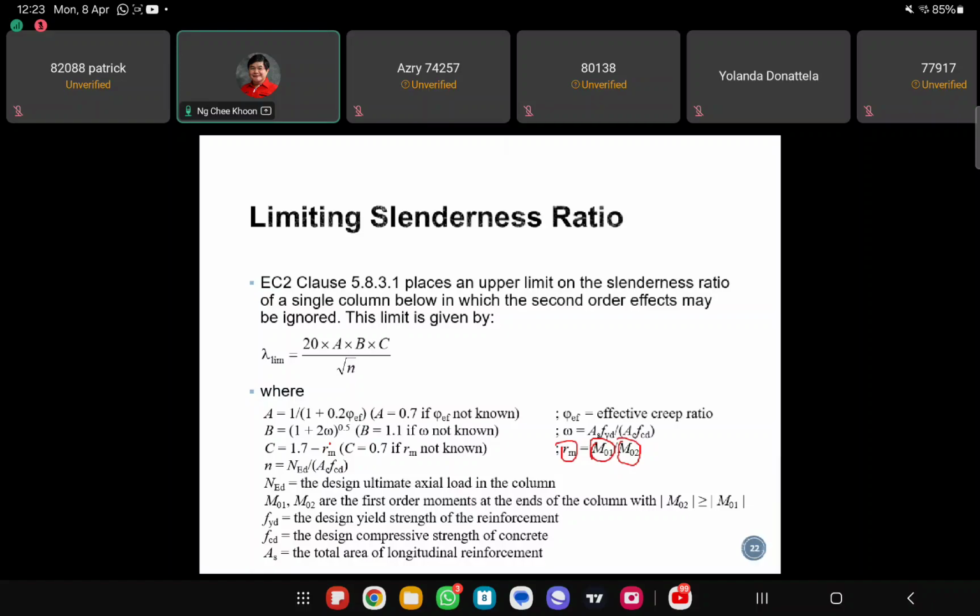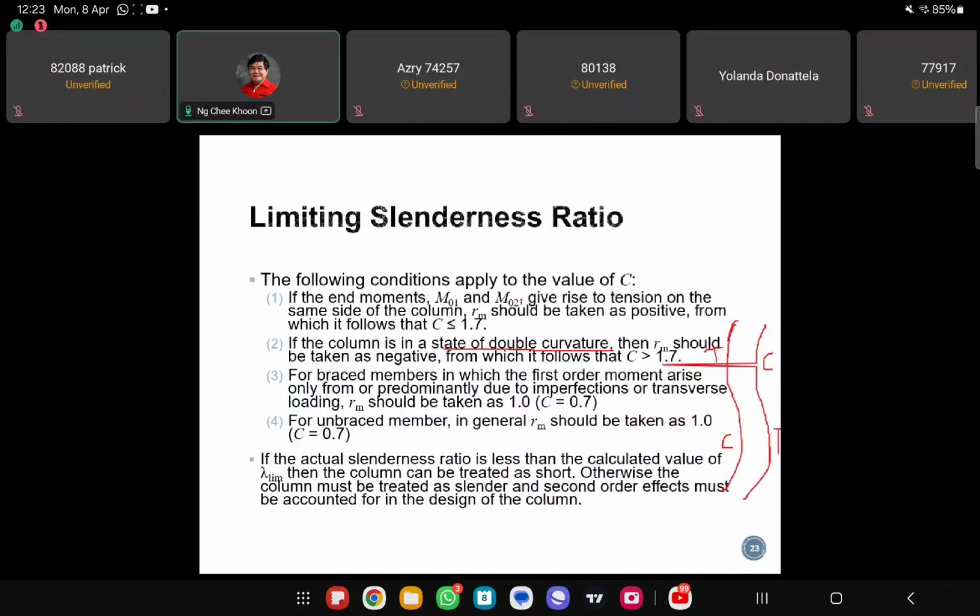If Rm is positive for the single curvature that I've shown you just now, then it will be 1.7 minus a positive value, right? So it becomes less than 1.7. So that's what it means by this one. C will be smaller than 1.7 if it's a single curvature. Okay, so C will be more than 1.7 if it's a double curvature, right?